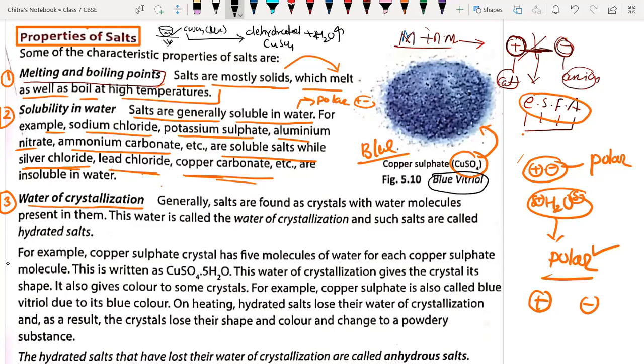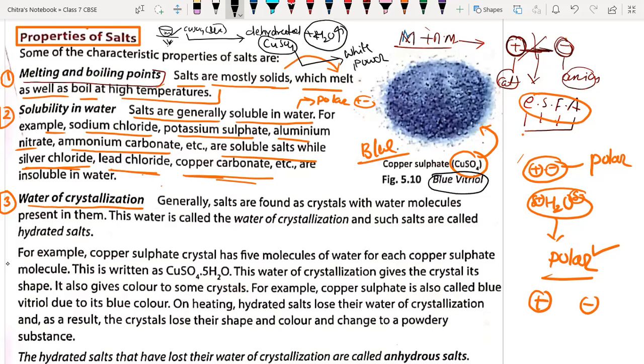But if you heat that at a high temperature, the water molecules will evaporate and only dry, or dehydrated, copper sulfate will remain. So it loses its blue color and appears like a white, crystalline powder.